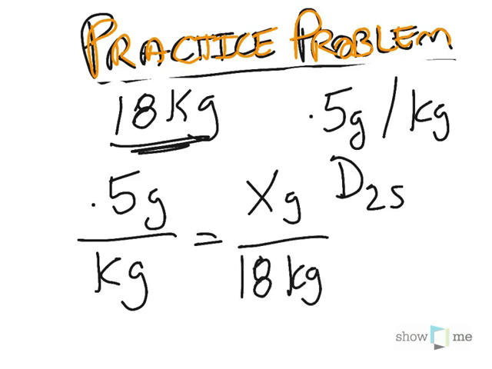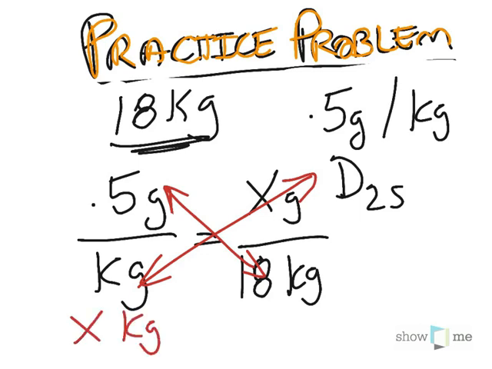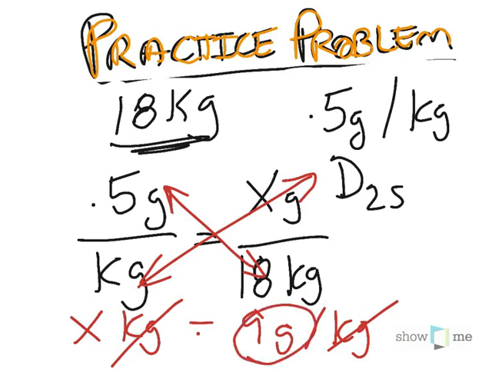Remember, we've got to do some cross multiplication here. When we do that, we get X kilograms is equal to 9 grams. We cancel the kilos, and we get grams. So our total dose here is 9 grams of D25.